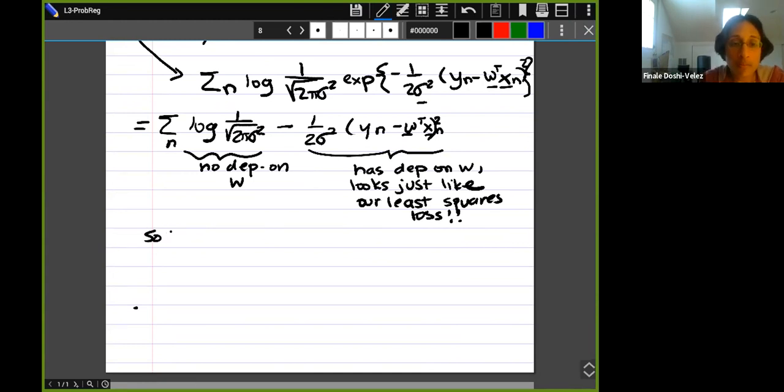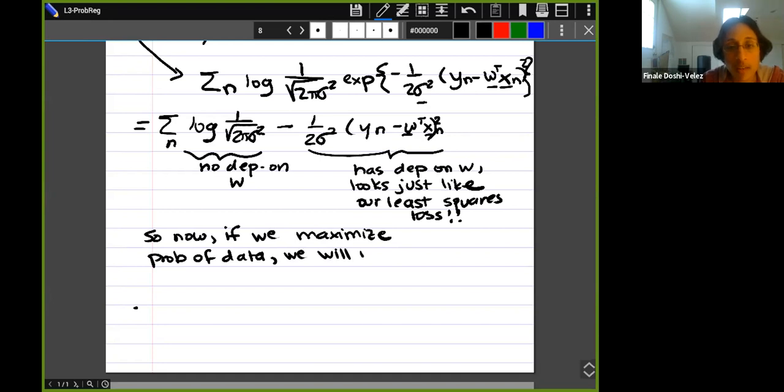So now, if we maximize the probability of the data, we will get the same solution as least squares.